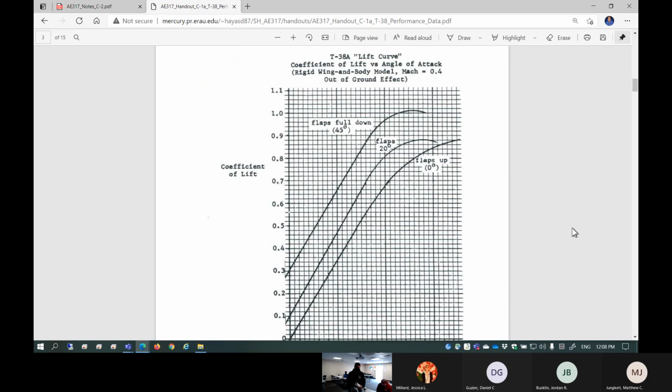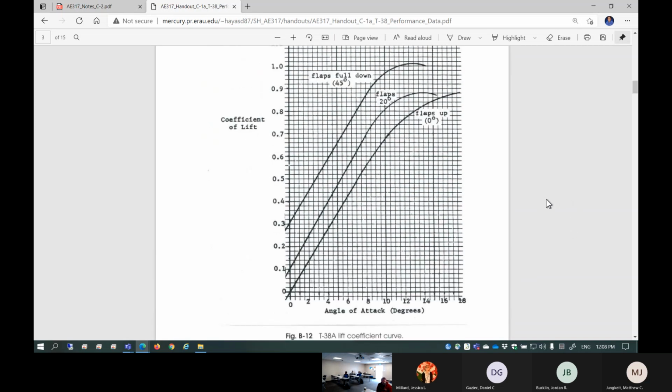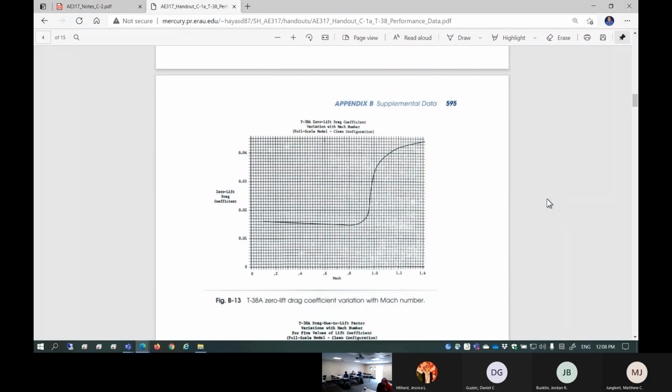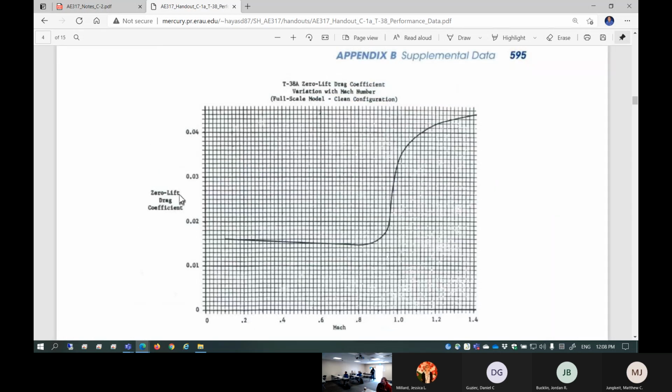Okay, anyways. So this is C_L alpha with different configurations. What's this plot? Mach versus zero-lift drag coefficient, C_D0. This is wave drag addition.